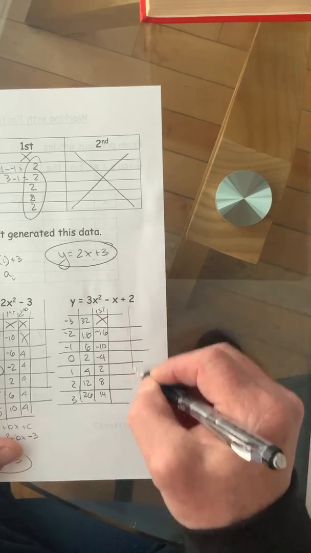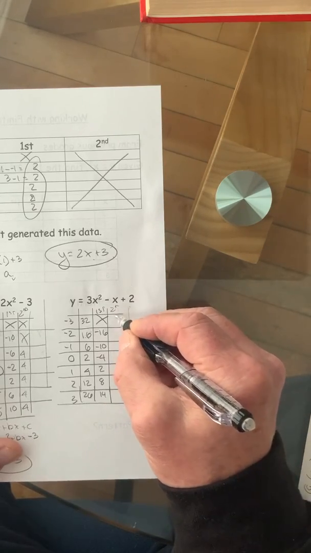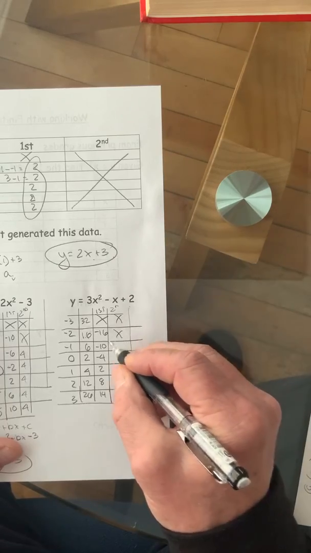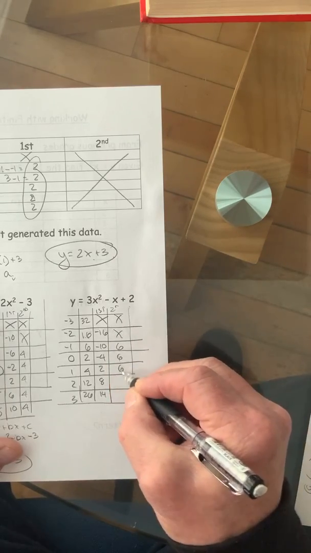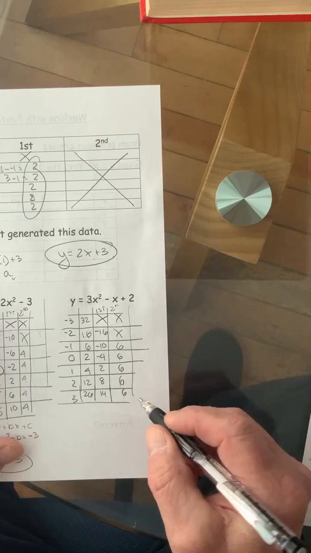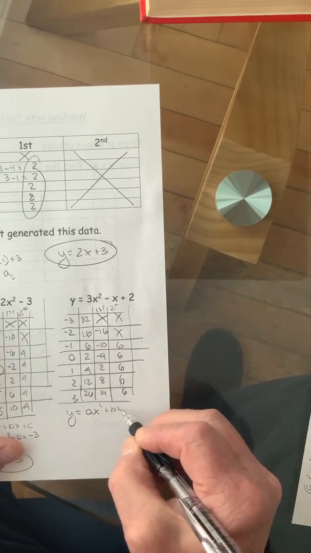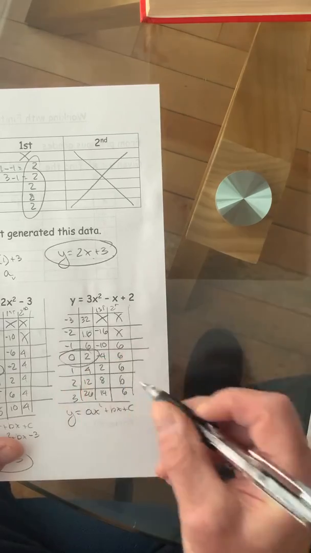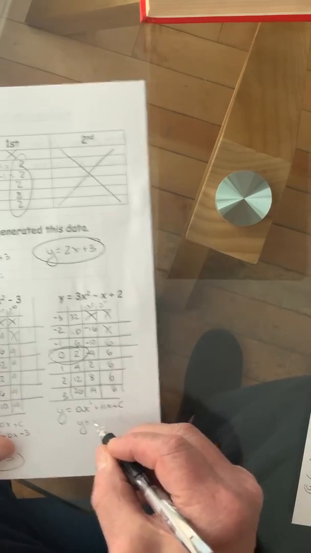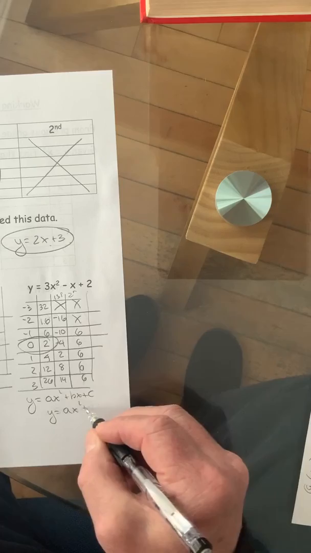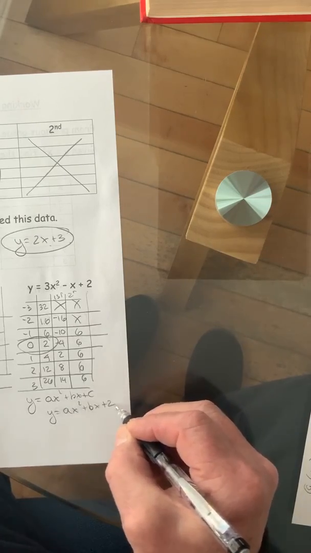You can work these out on your own, but hopefully you get the idea. If I do the second difference, oddly enough, it is y equals ax squared plus bx plus c. There's my c. Y equals ax squared plus bx plus 2.